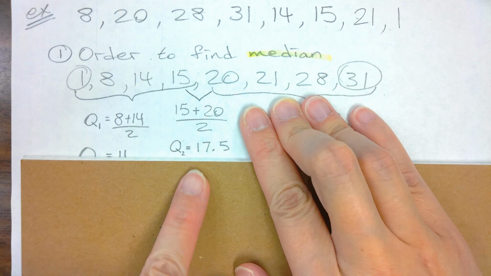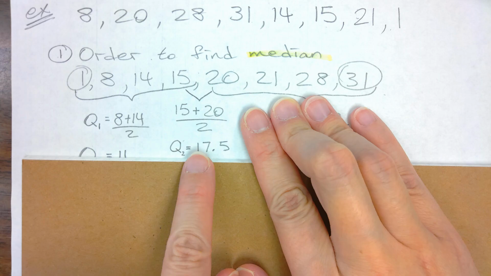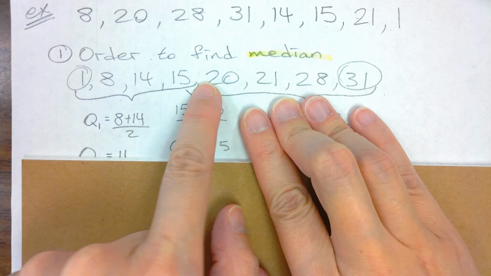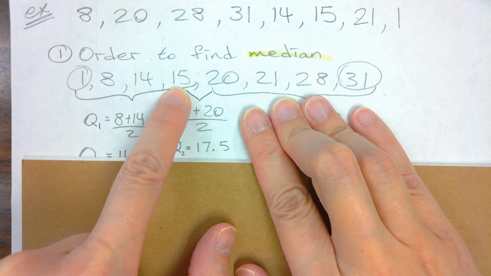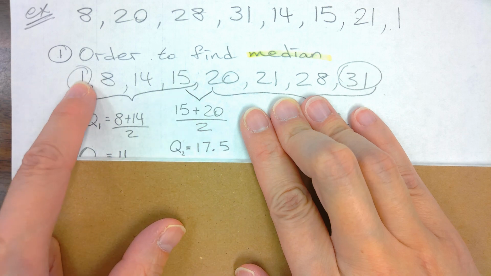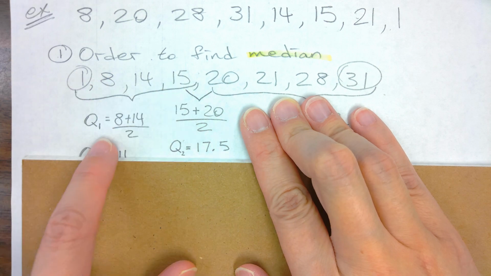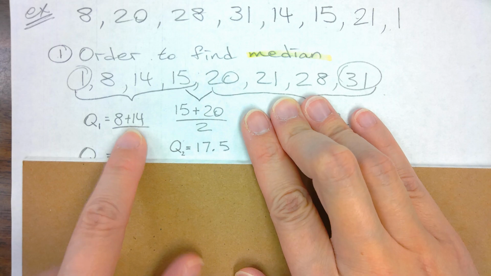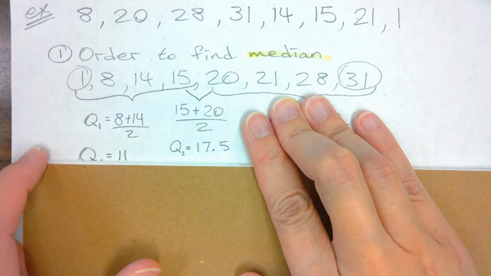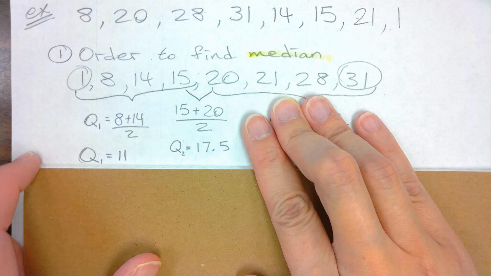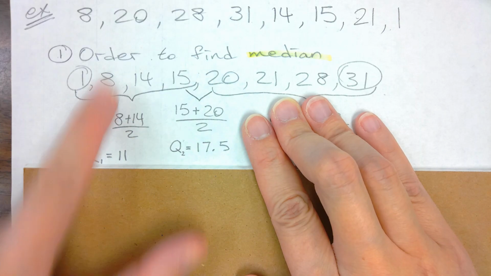Because Q2 is 17.5, which means that to the left of it, it includes the 15. So for Q1, I use 1, 8, 14, and 15. Right? So in between those, it's going to be between 8 and 14. So when I add it divided by 2, my Q1 is 11.